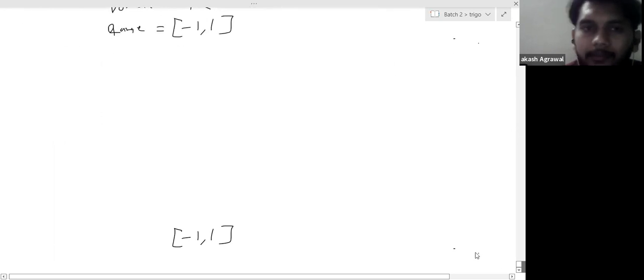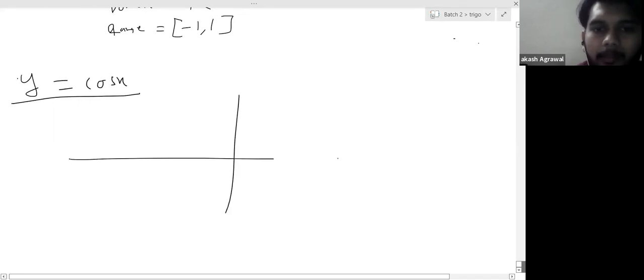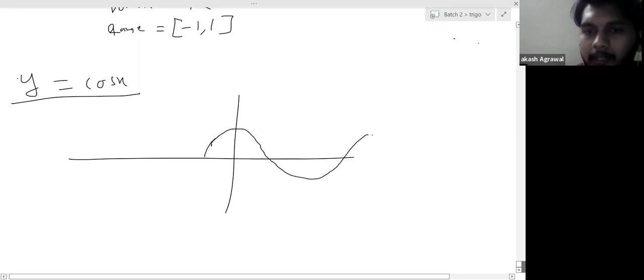Graph of cos x. Cos x and sin x are complementary to each other. The graph is almost similar, but it just starts with 1. Rest of the graph is same. Okay, sine starts here, cos starts here.